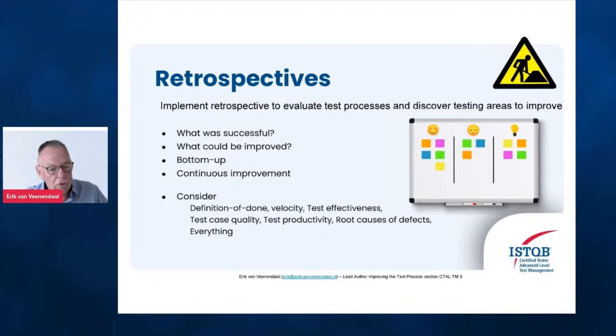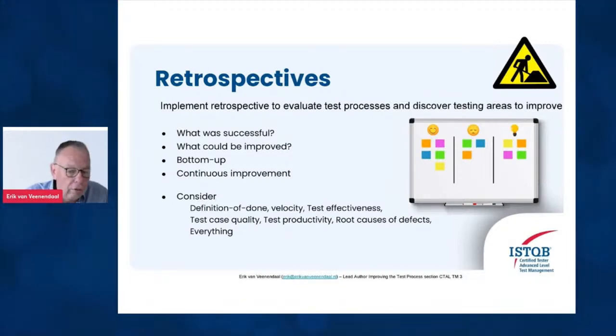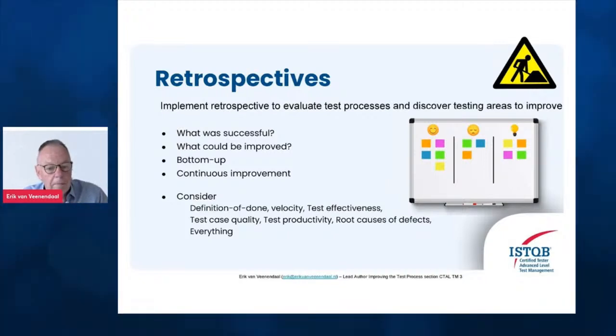Because I think most of you know that in an agile context, this is probably the most important method used for improvement. So we talk about what is successful, what can be improved. It's very much bottom up, and we can look at all kinds of things, as you can see already, at test case quality, test effectiveness, definition of done, all these things together.